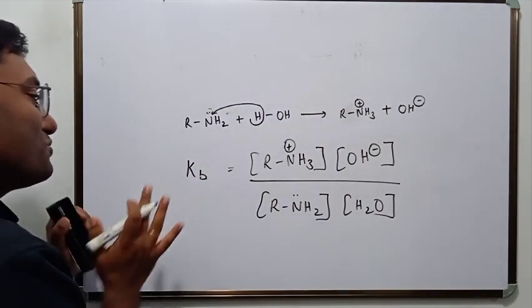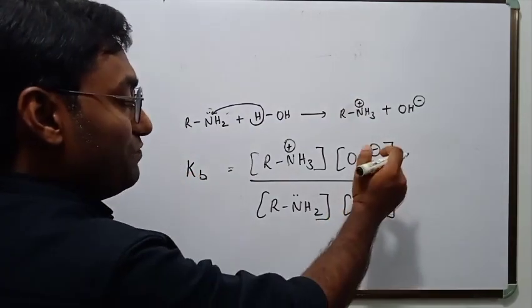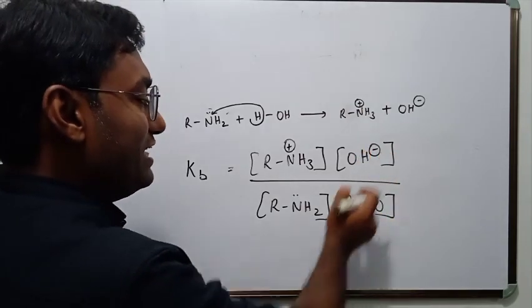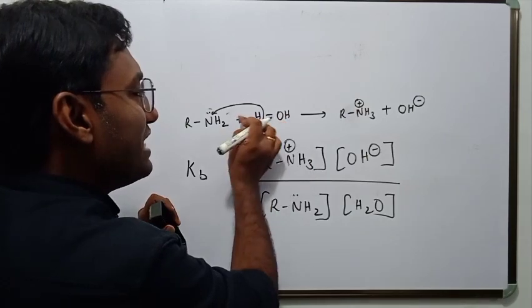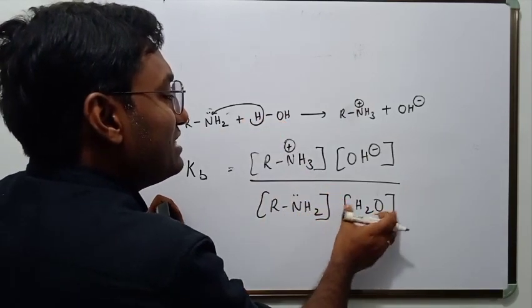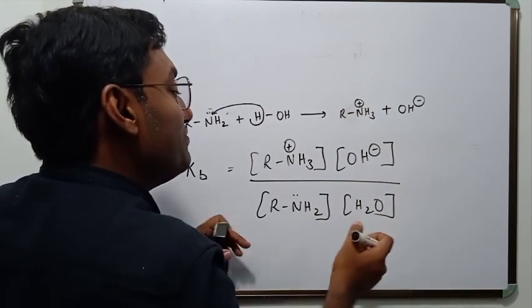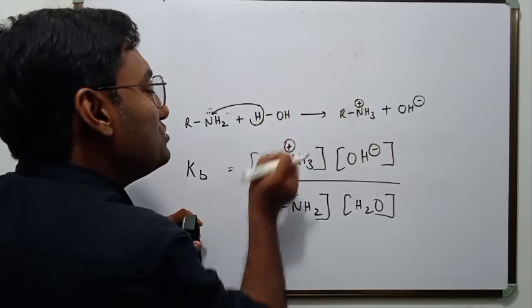It is always constant. Now H2O is very large in quantity; its concentration is very high. Only some amount of H2O is reacting, and that amount is negligible considering the very high concentration of H2O used.